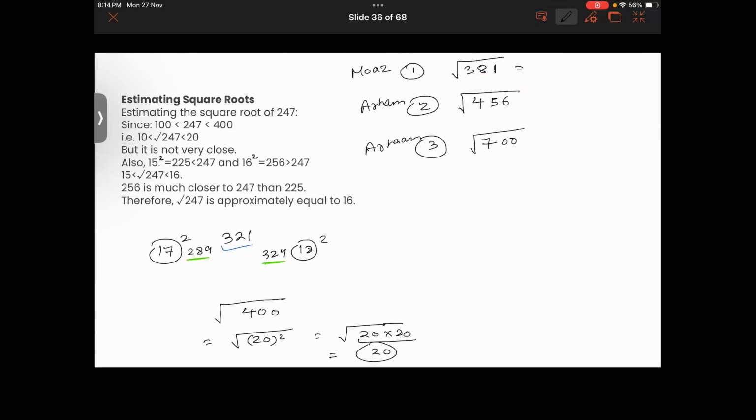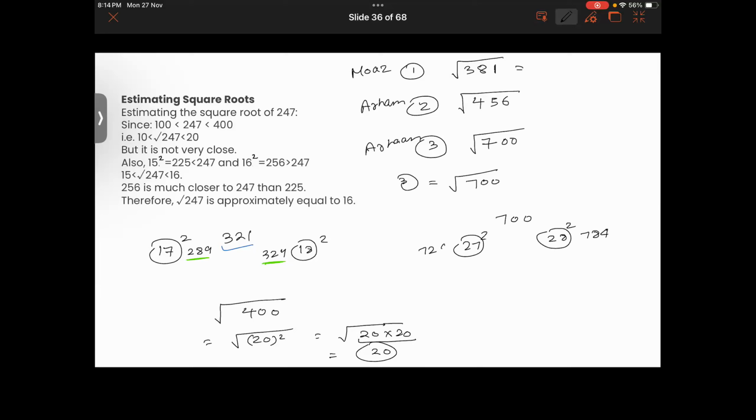Arhan, you were solving that question, right? Arham, I have received your question also. Root under 700. So what is the square of 28, guys? 28 times 28, that is how much? 28 square is 784. 27 square is how much? 729.